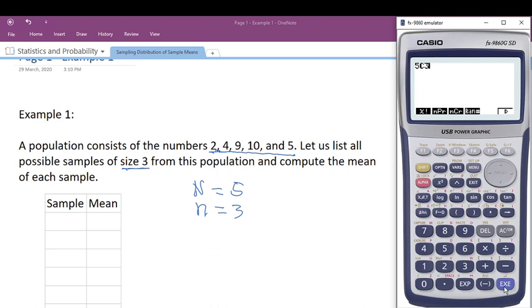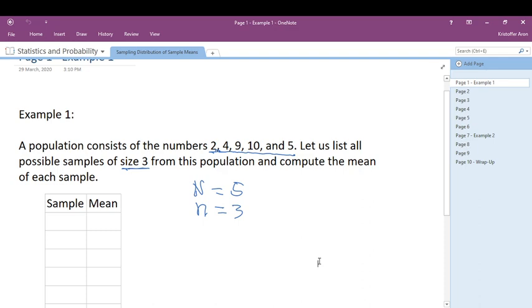You may have a different interface depending on the brand of calculator that you're using, but you should have this one. And the answer is 10. What does 10 mean? That means we can create 10 samples of size 3 from this population. Now, let's list them.